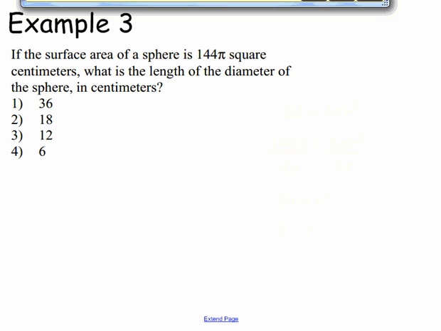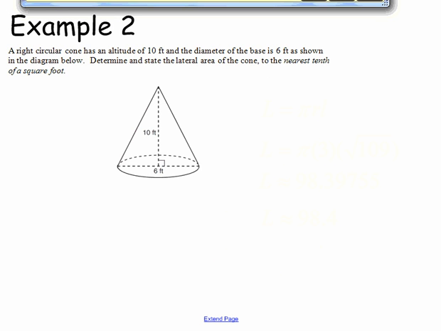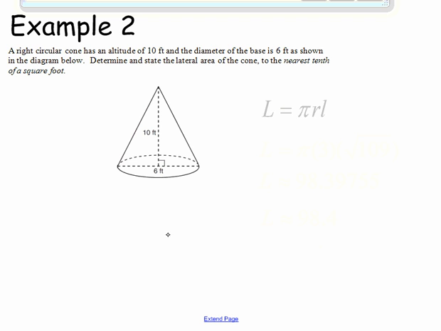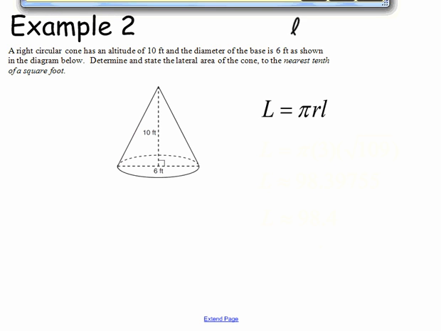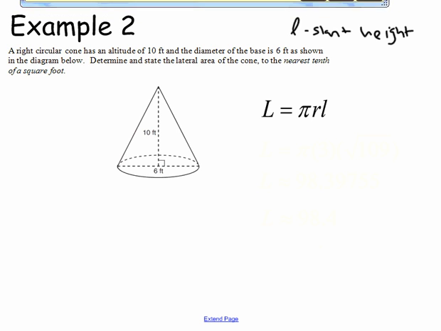So I'm just going to write that formula down: L equals pi r l, where lowercase l is the slant height. That's important for the lateral area of a cone.